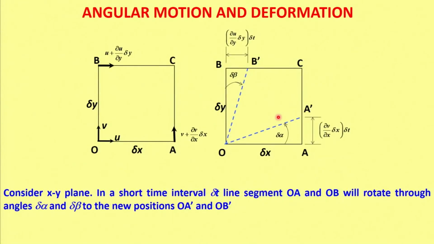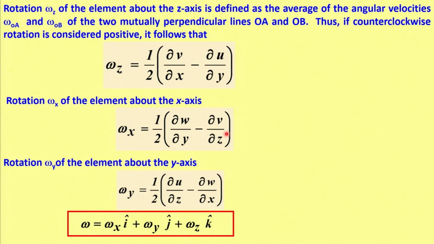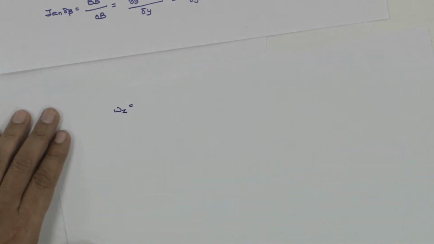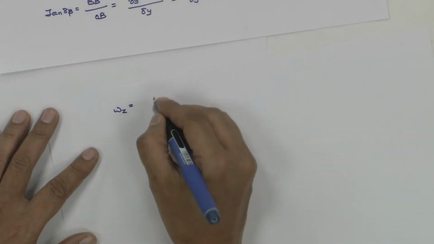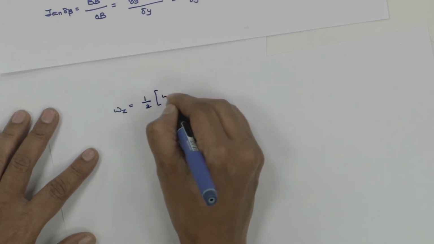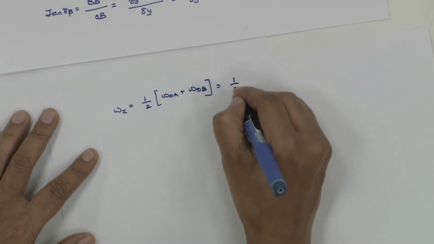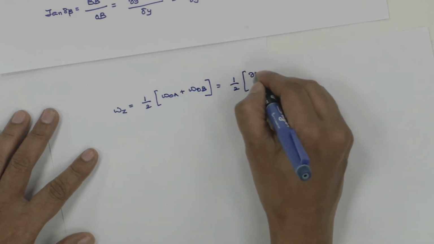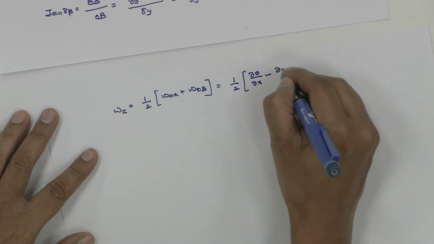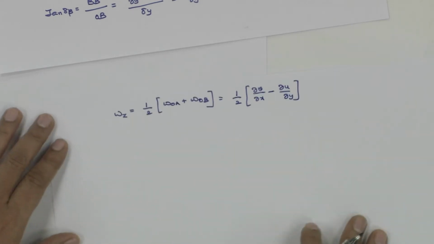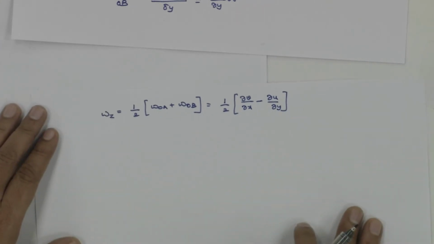So omega OA would be positive, omega OB would be negative. So omega z is equal to half of omega OA plus omega OB, that is, half of ∂v/∂x minus ∂u/∂y.